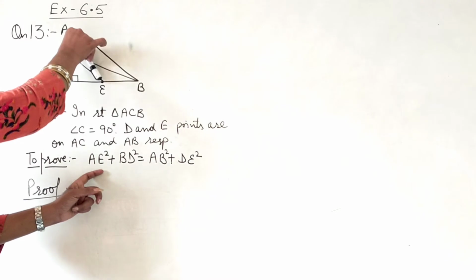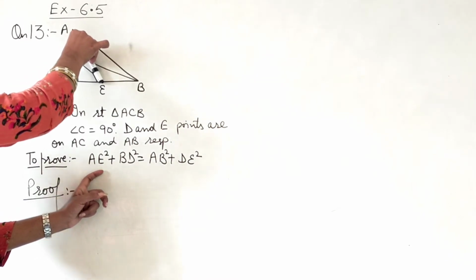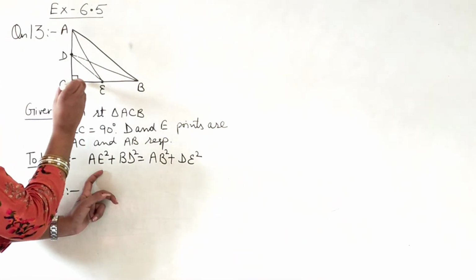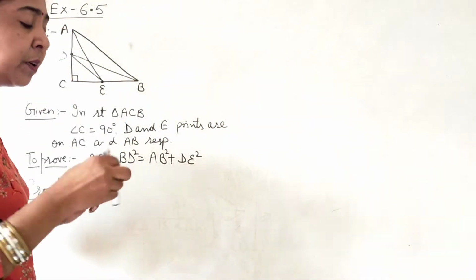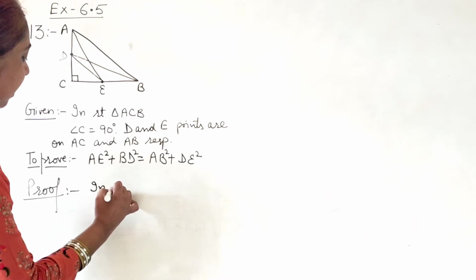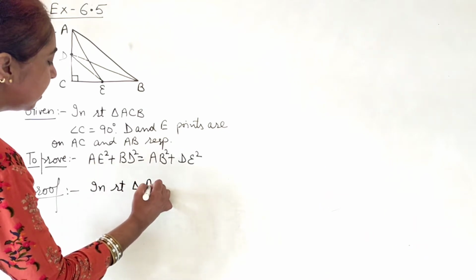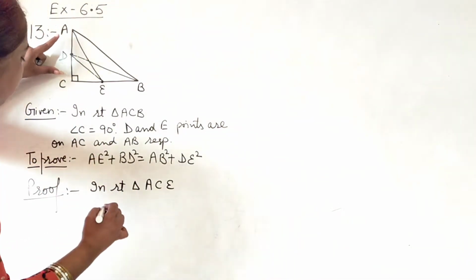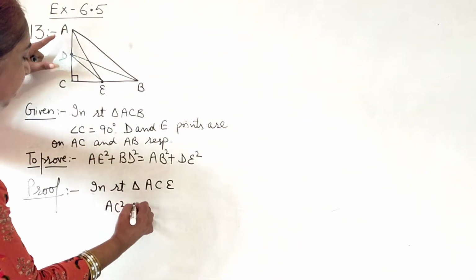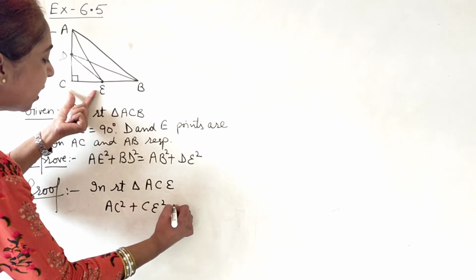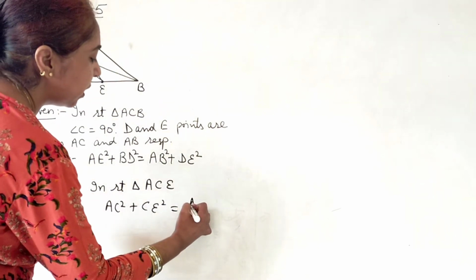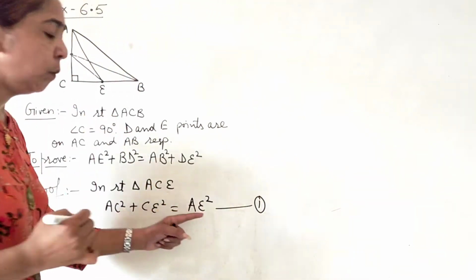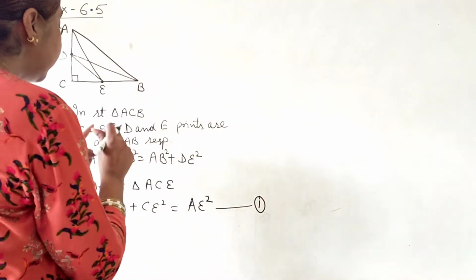AE square we will get in right triangle ACE. So in right triangle ACE, apply the Pythagoras theorem: AC square plus CE square is equal to AE square, and this is result number 1. Now, second is BD.